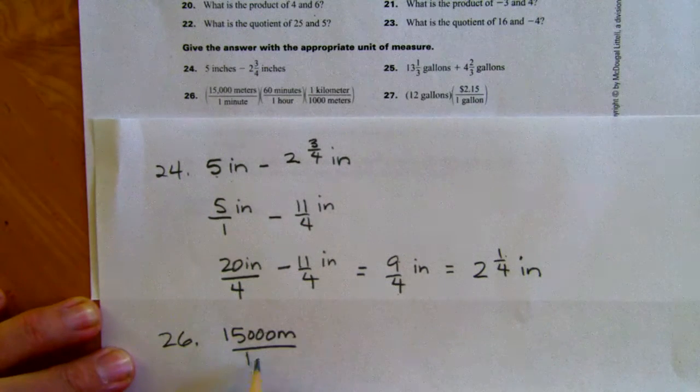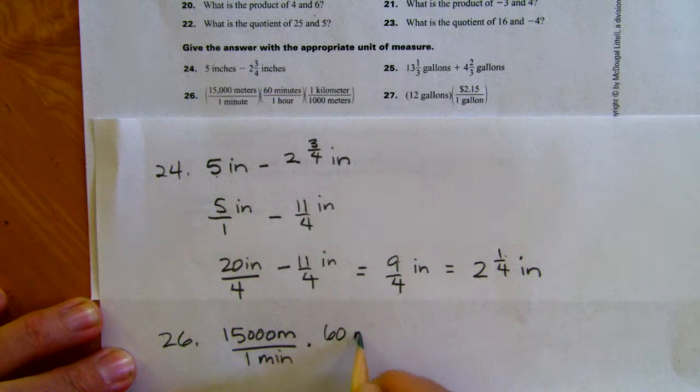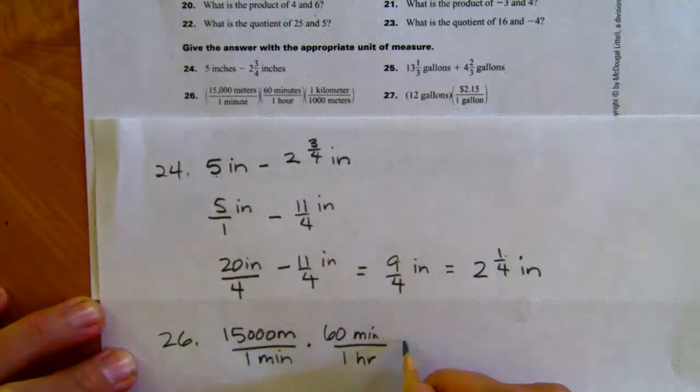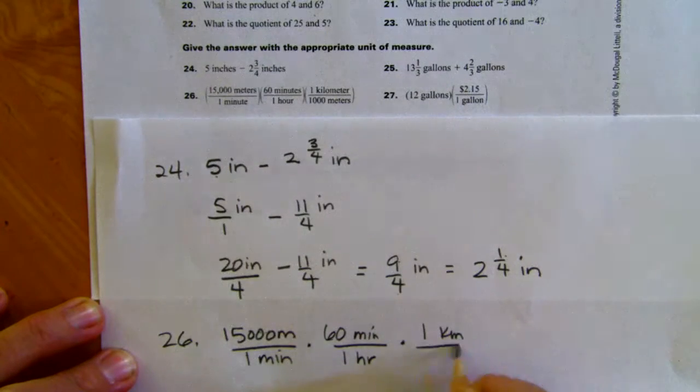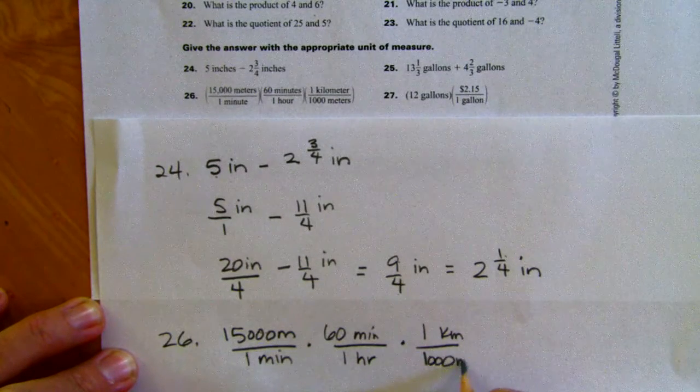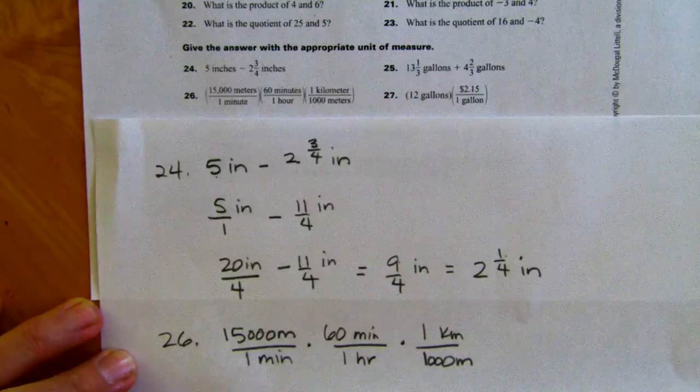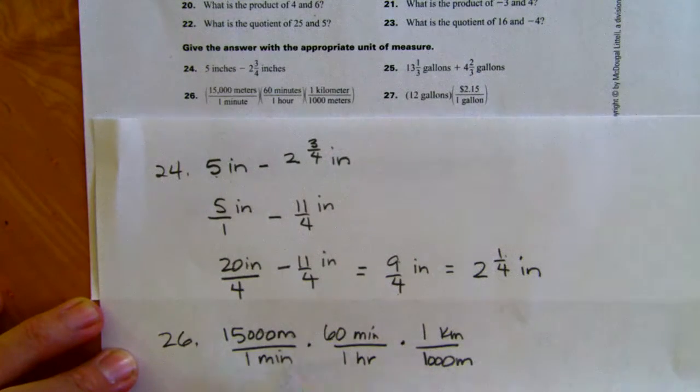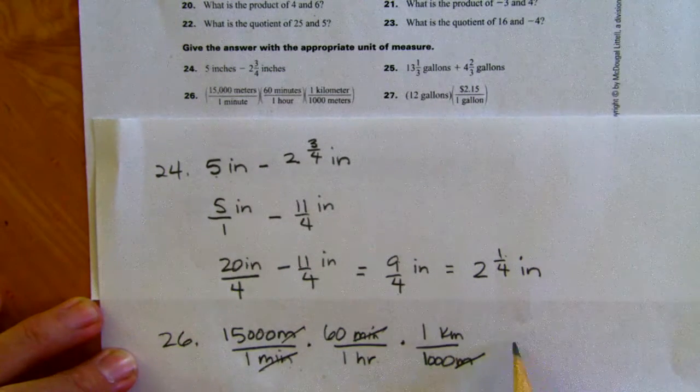15,000 meters over 1 minute times 60 minutes over 1 hour times 1 kilometer over 1,000 meters. So it looks like I'm trying to change meters per minute into kilometers per hour. The minutes cancel, the meters cancel.